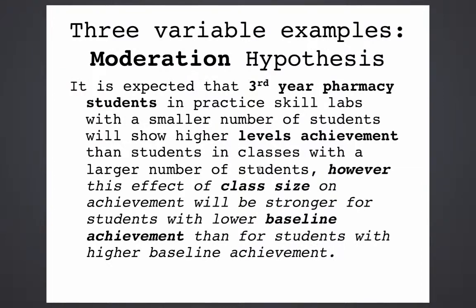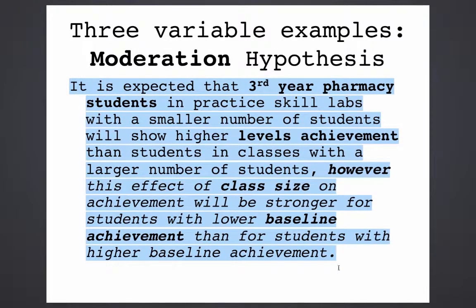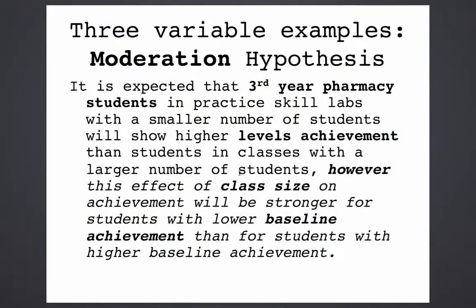So what I'd like you to do before coming to class on Thursday this week is try and visually represent this with a path diagram. So put the independent variable in, put the dependent variable in, and draw how the moderator is affecting the relationship between those two variables.